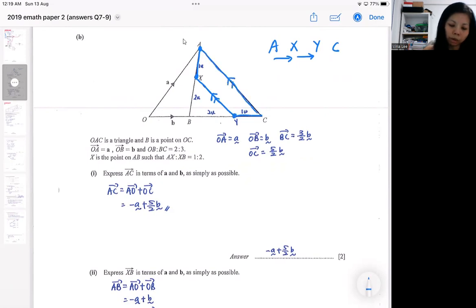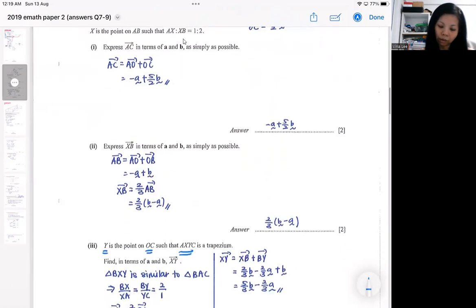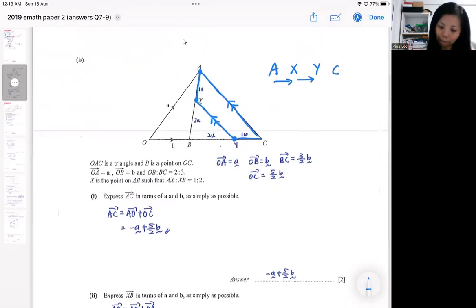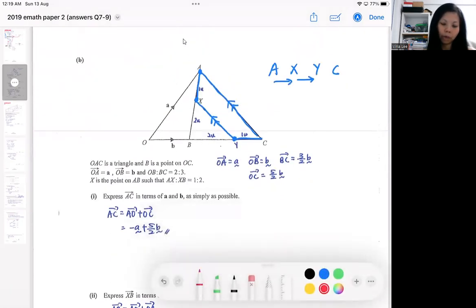So the property of trapezium would have given you a pair of parallel lines. So you must be able to draw out the trapezium first. And then your job is to find XY. So how am I supposed to do that?